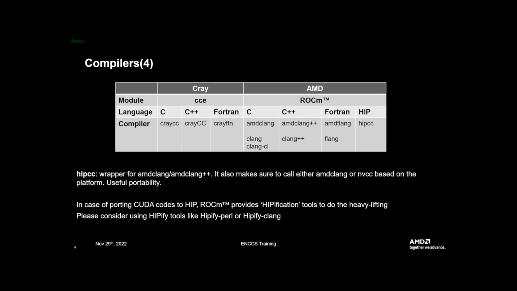The hipcc makes sure that it calls either amdclang or nvcc, because it is a smart compiler that knows which hardware you are using. If the code is targeting AMD GPU only, it will use amdclang underneath, or if the target is NVIDIA GPU, it will use nvcc underneath.